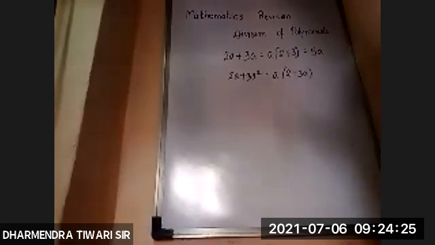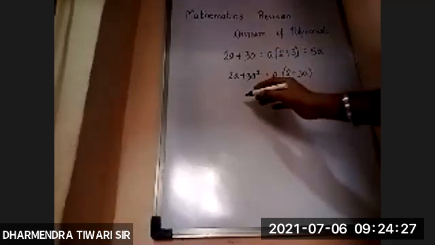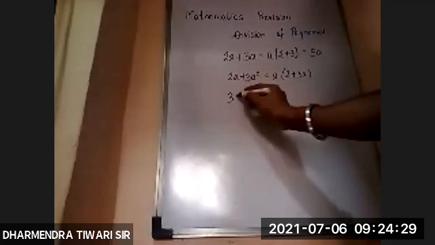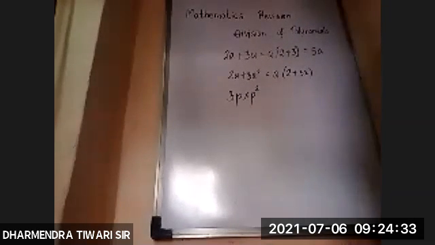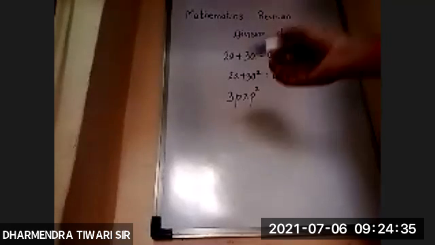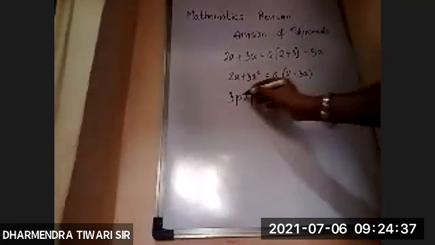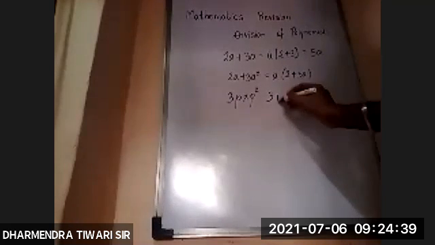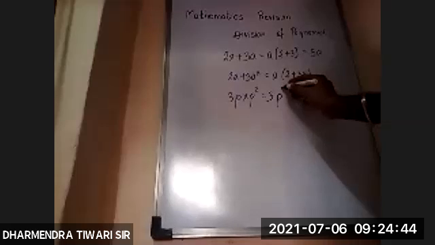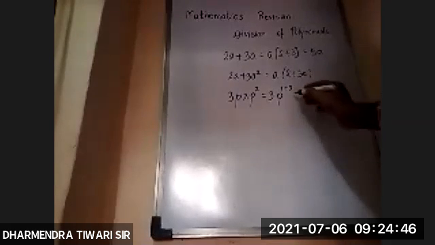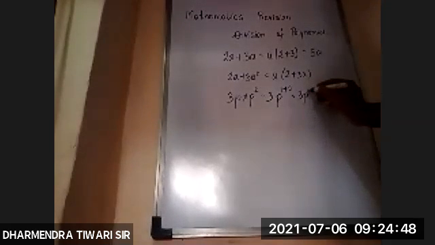Next, say we have 3p into p square. Here again we have to apply the law of indices. Keep 3 outside, and as the base is the same, we can write it as 1 plus 2. This is 3p raised to 3.